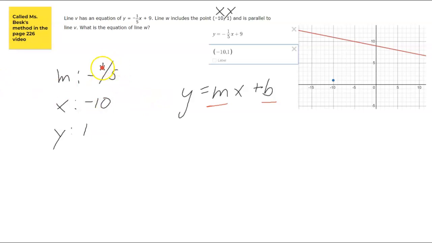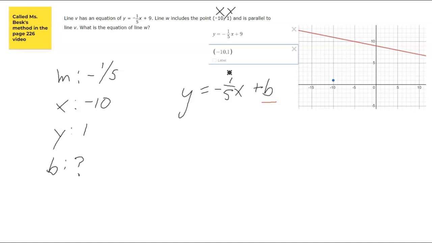The slope is -1/5. So in place of this m, we can write -1/5. So all we need to know is the b. So that's the part that we need to know.